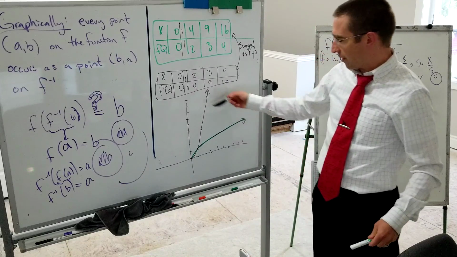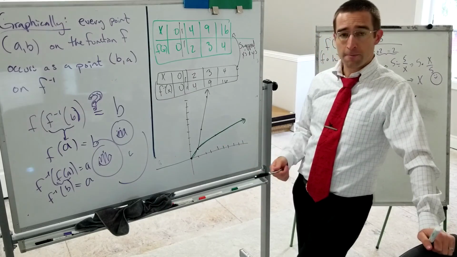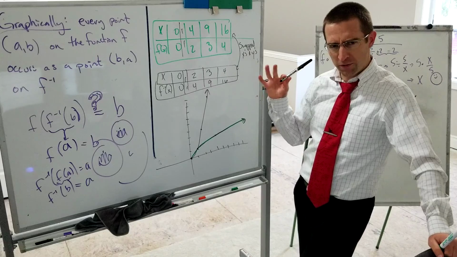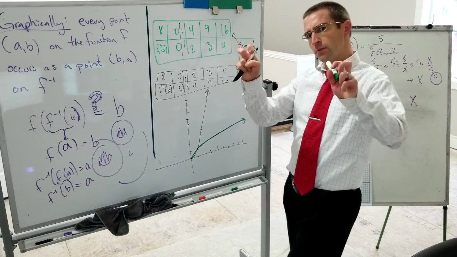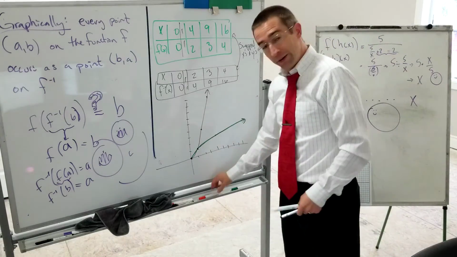How does the green graph correspond to the black graph? Like, what do you notice? How could you go from this green one to this one? What physical move, transformation, could you do? Give you a moment to think about it.